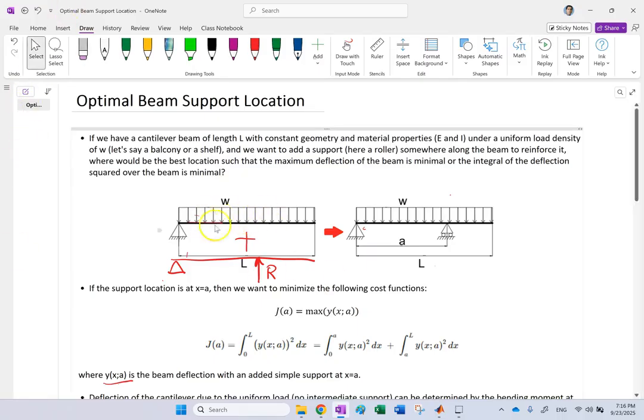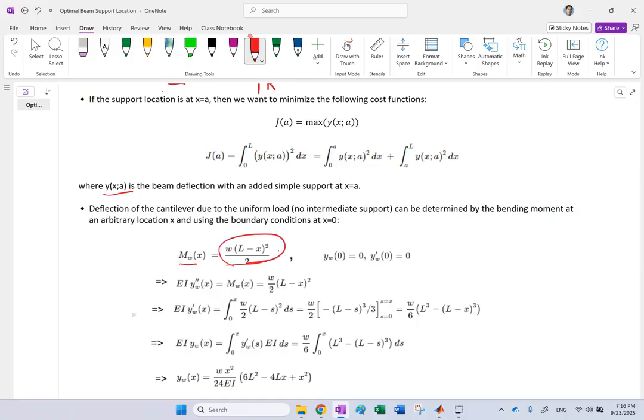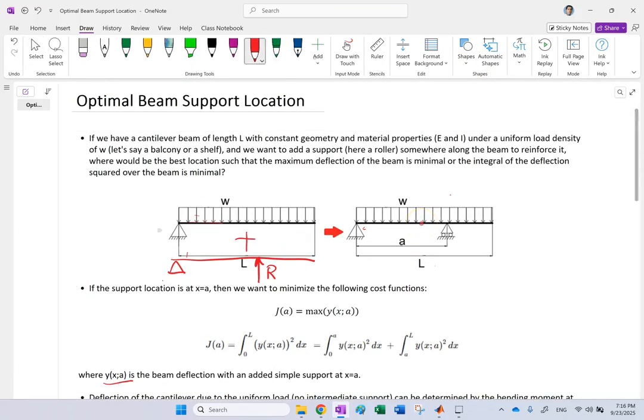So first I look at the scenario that you only have a uniform loading and nothing else. And here, as you know, the bending moment at location x under uniform load is going to be W(L minus x) squared over 2. You can look at your solid mechanics books or tables. In this cantilever beam, this W is the load per length, a load density.